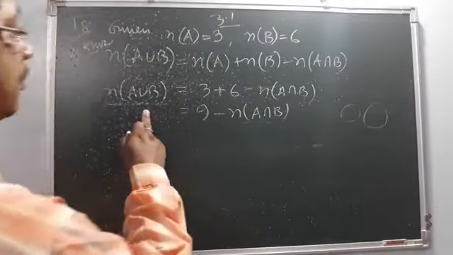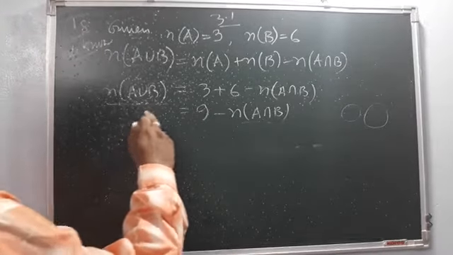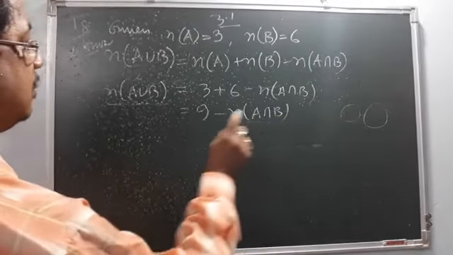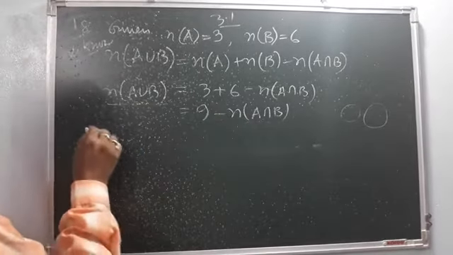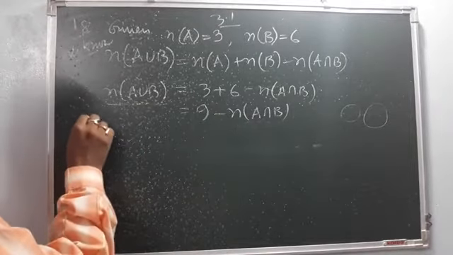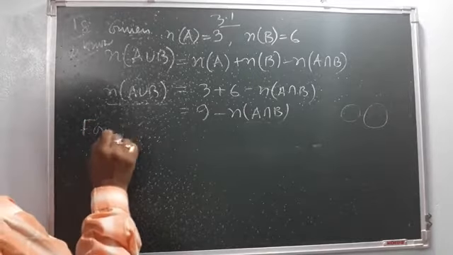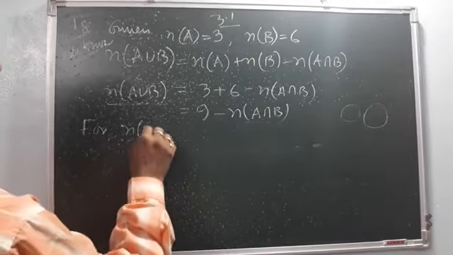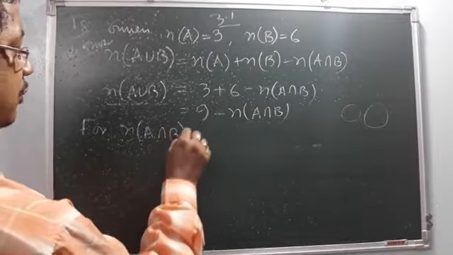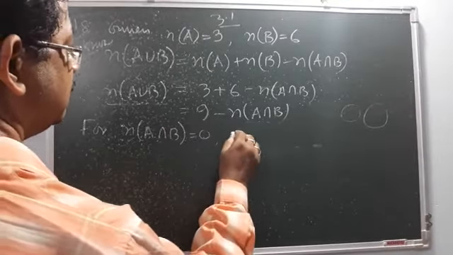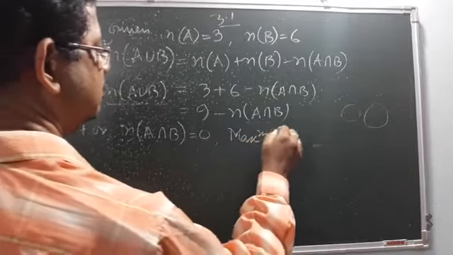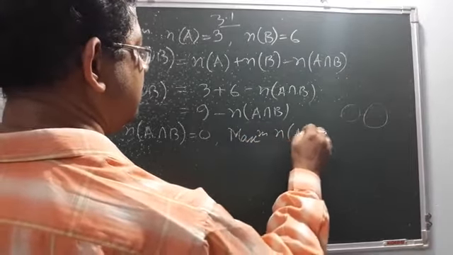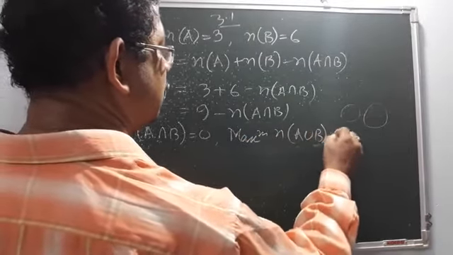Then it will give the maximum value. The maximum value of this comes from the minimum value of n(A intersection B). For n(A intersection B) equal to 0, the maximum value of n(A union B) is automatically 9.